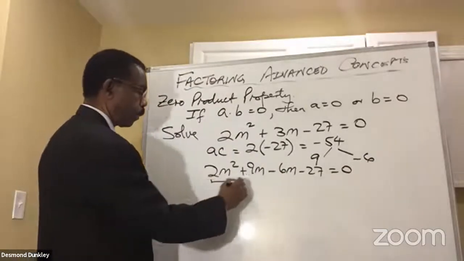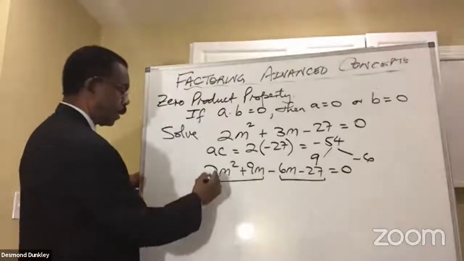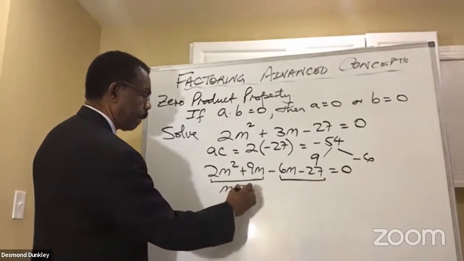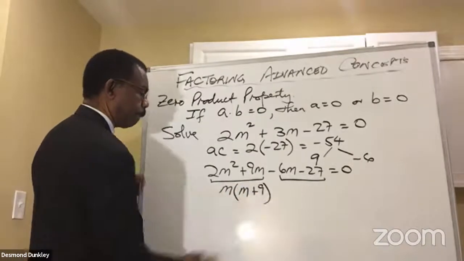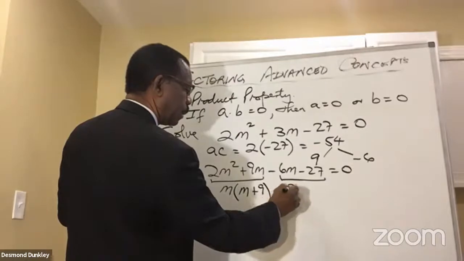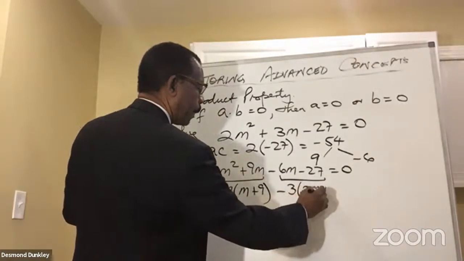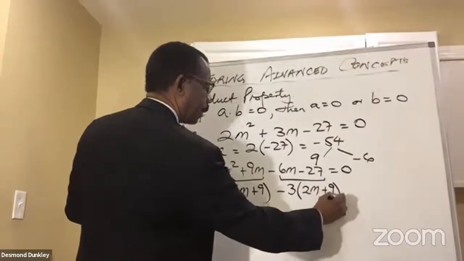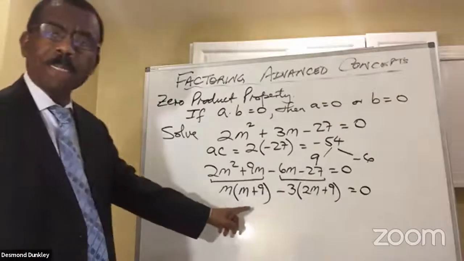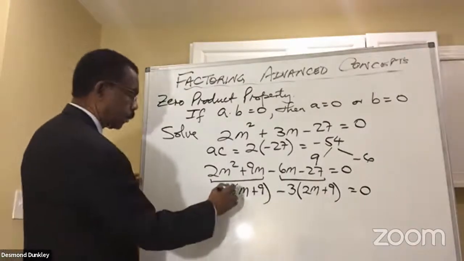We group, and we end up with m is common to this. We have m plus 9. And over here, we have -3. And we have 2m plus 9. Let's double check. M times m, it's supposed to be 2m.